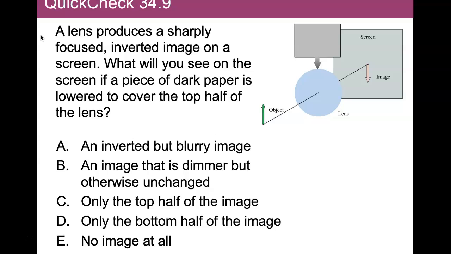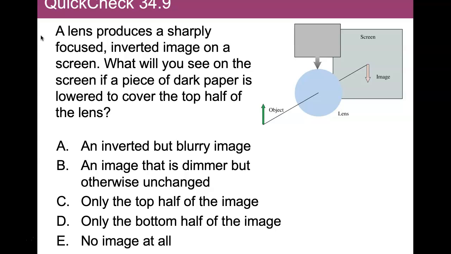If I think about the image of one point belonging to this object on the screen, there are many rays that are emitted, they reach the lens at different points. They bend, and then they all bend in such a way that they end up at the position of the image. So if you cover half of the lens, you get rid of half of these rays. But all the other half that reach the lens will bend and arrive at the image.